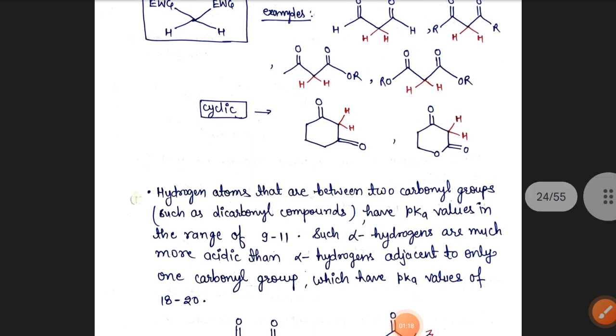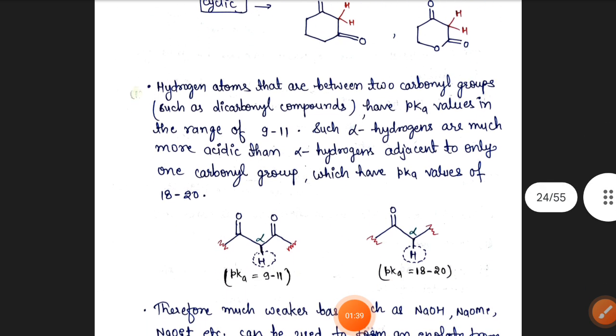So basically, hydrogen atoms that are between two carbonyl groups, such as in dicarbonyl compounds, have pKa values in the range of 9 to 11. Such alpha hydrogens are much more acidic than alpha hydrogens adjacent to only one carbonyl group, which have pKa values of 18 to 20.